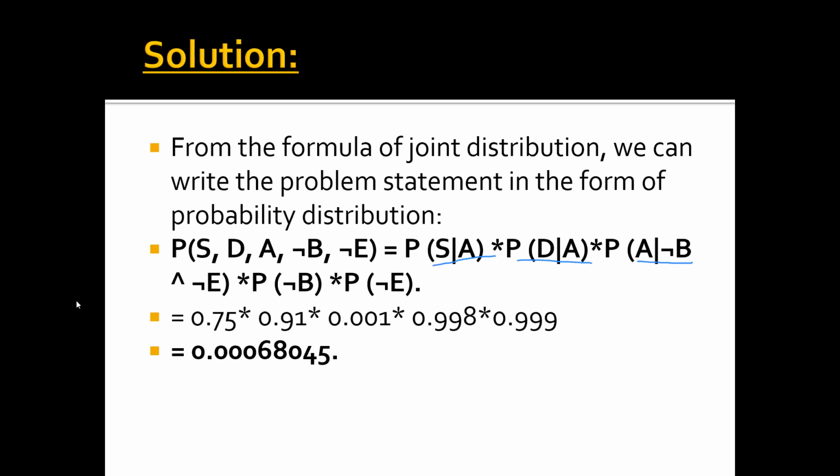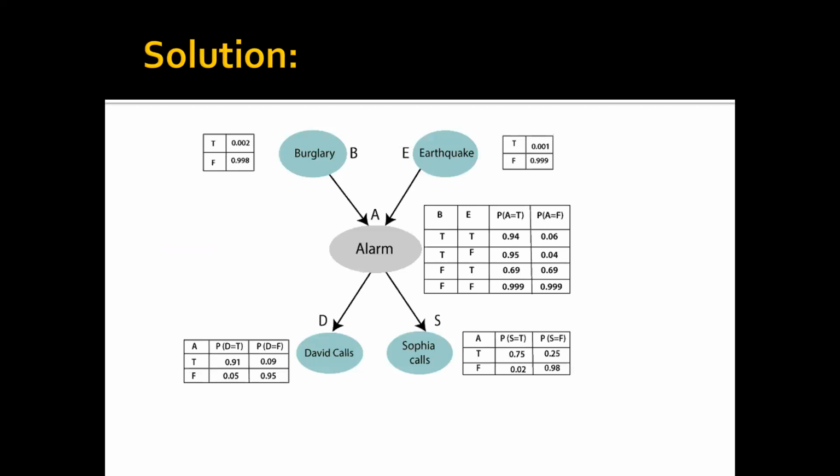So let me move on to the previous slide. So you can see why we are writing this, because alarm is dependent on both the conditions B and E. But similarly, burglary is also an event and E is also an event. So we will also write the joint probability of both the events.